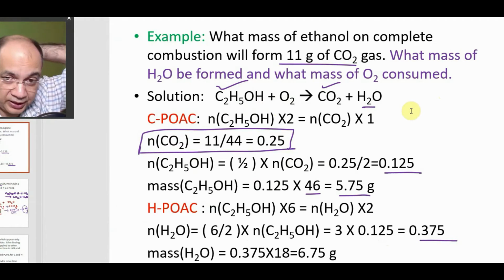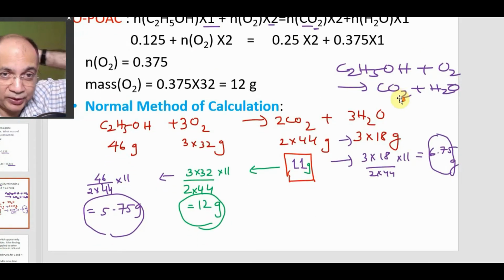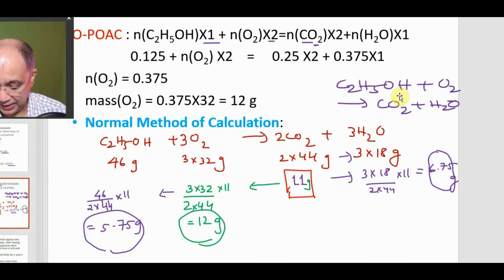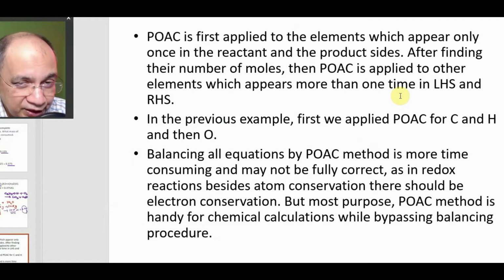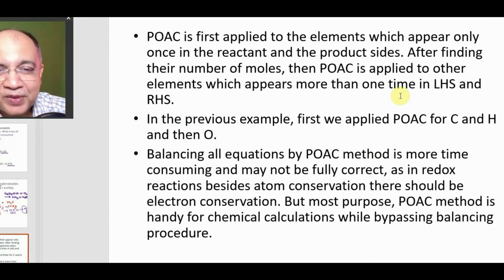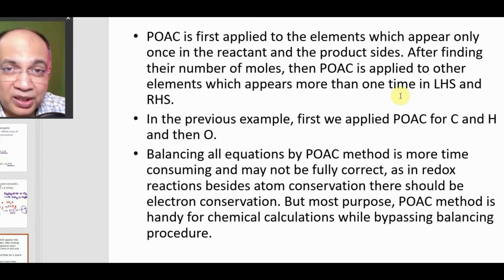So let me tell you that whenever an element is present once on the reactant side and once on the product side, you apply POAC to that element, and then find the number of moles of the unknown, the one whose data is not given. And at a later time you go for the element POAC which appears more than once on both sides or on one side.